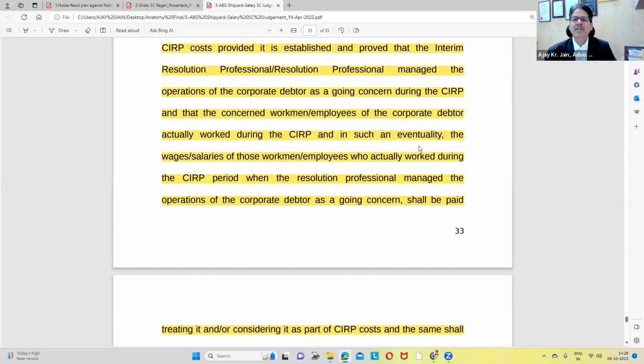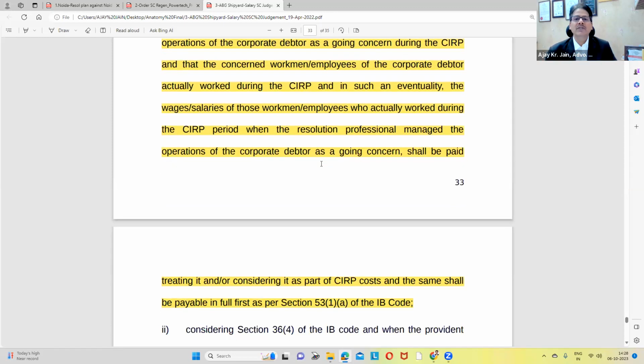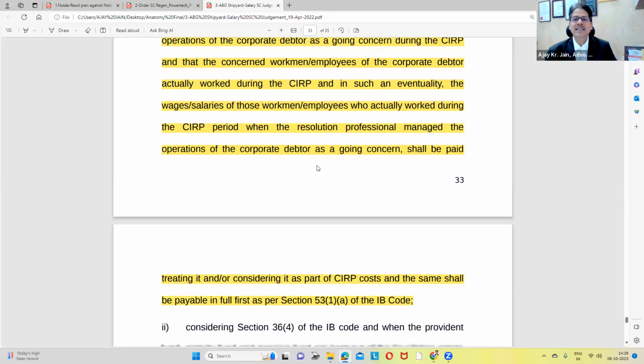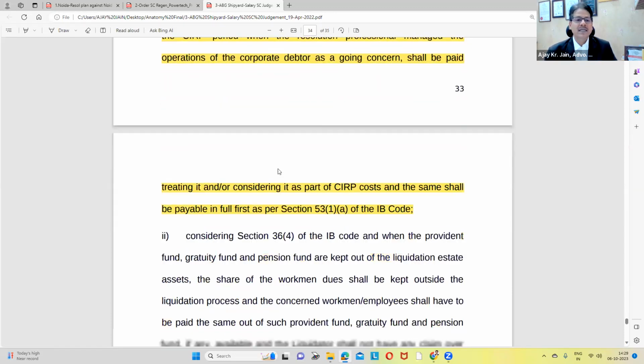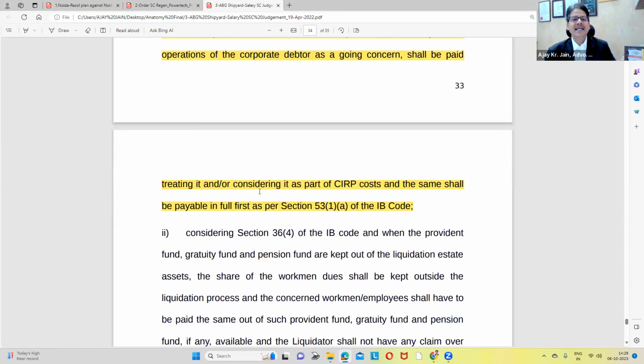In such an eventuality, the wages/salaries of those workmen/employees who actually worked during the CIRP period when the resolution professional managed the operation of the CD as a going concern shall be paid, treating and considering it as part of the CIRP cost, and the same shall be payable in full first as per the section.